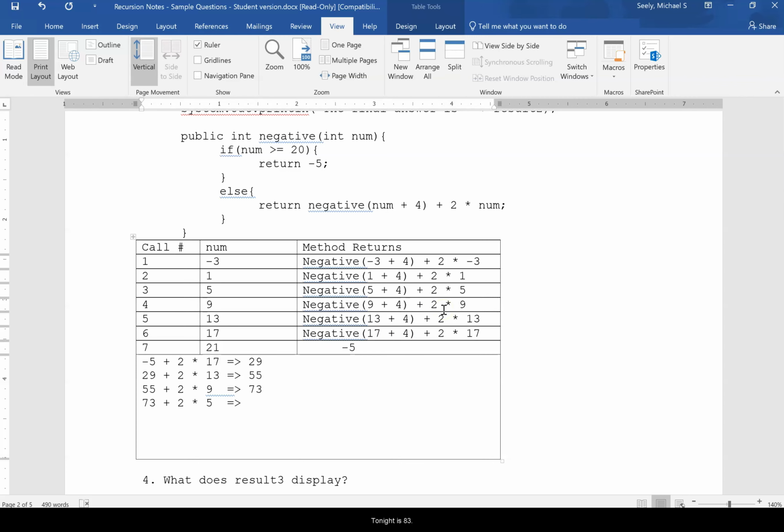And that is 83. 83 plus 2 times, what do we got here? 1. And that is 86. So then, let me think here.